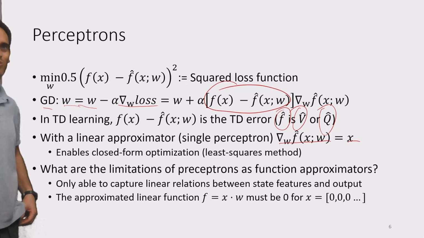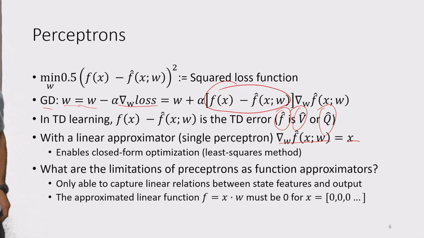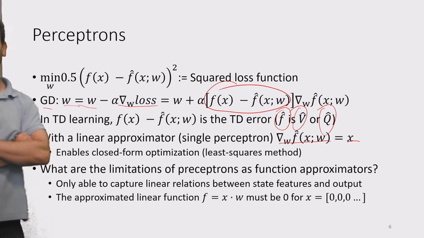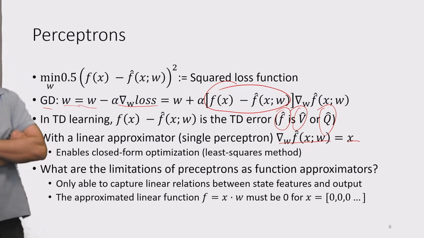It's not a deep neural network yet. If we are considering a linear approximator, it enables us to compute the optimal point in a closed form expression, right?